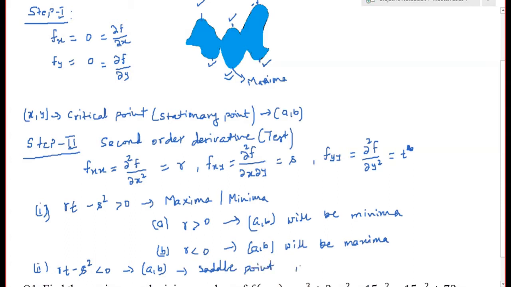And the third case is if rt minus s square is equal to 0, then this test fails to give the maxima or minima. So these are the conditions to get the maxima and minima value.